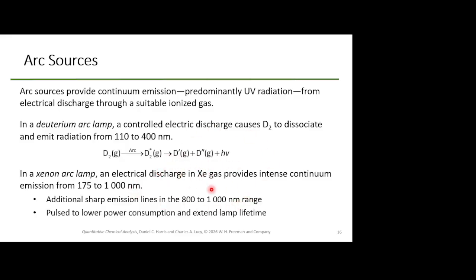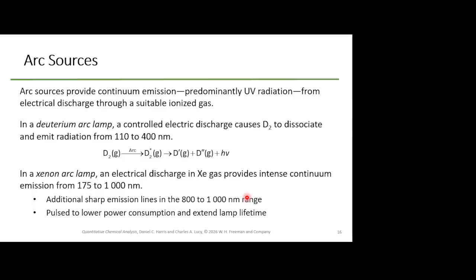Xenon arc lamps, on the other hand, use electrical discharge in xenon gas. This is quite an intense continuum emission, by the way, from 175 to 1000 nanometers. Have you ever heard of xenon signs? Yeah, this is similar to that. Okay. You'll notice that part of this is actually visible light.